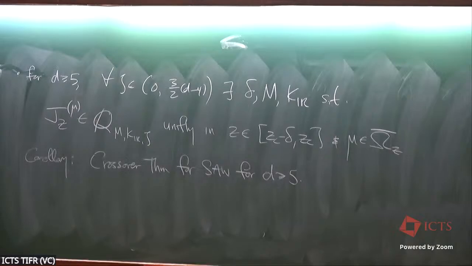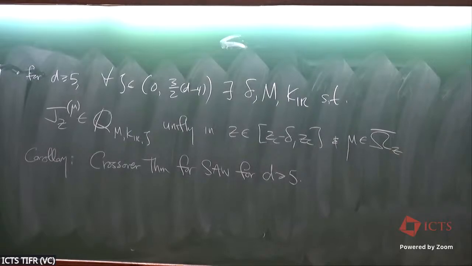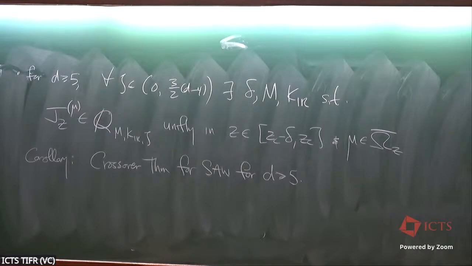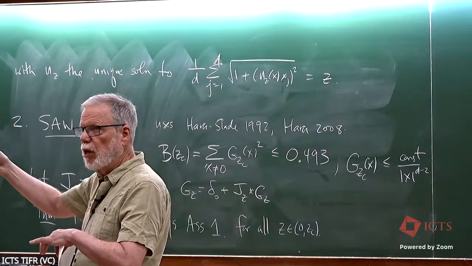Now the ingredients in the proof, there's a little bit more to it than there was for the case of the simple random walk that I discussed before. In order to control all of those diagrams, we have to tilt Pi. So that means we have to tilt the diagrams. So we're going to be bounding the diagrams with tilted lines as well.